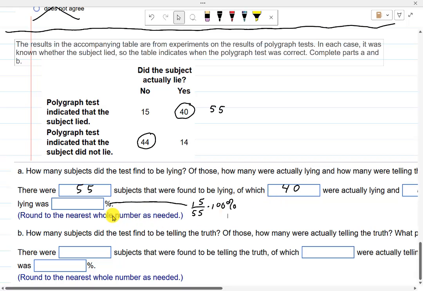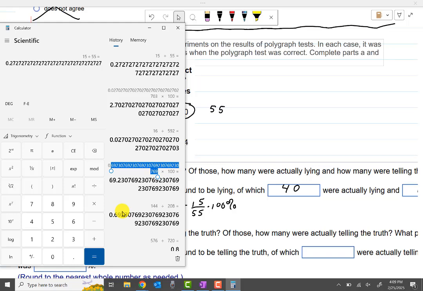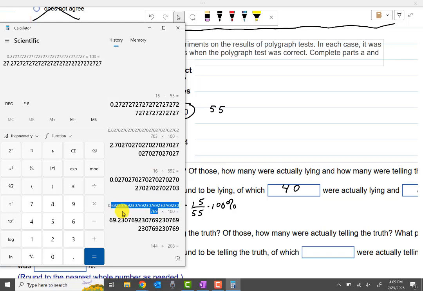And it tells us to round this to the nearest whole number. Okay. So even just to one decimal, it would be 27.3, but it wants no decimals, so I'm just going to put 27.